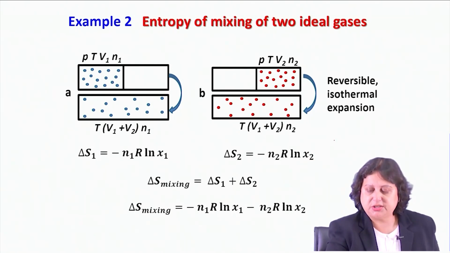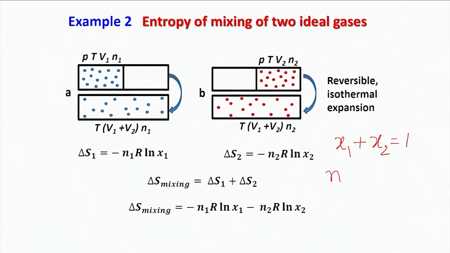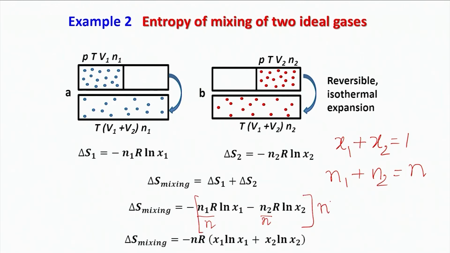By definition, I have X1 plus X2 equal to 1, and also I would write that N1 plus N2 is some kind of total value of N. Now, if I divide both the terms by N, I will have to multiply by N on the outside, and this will make this expression look like this.